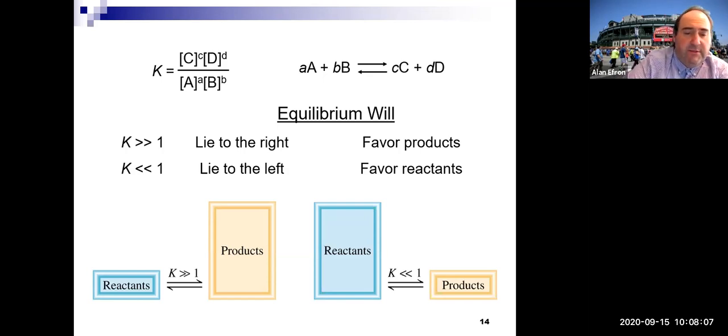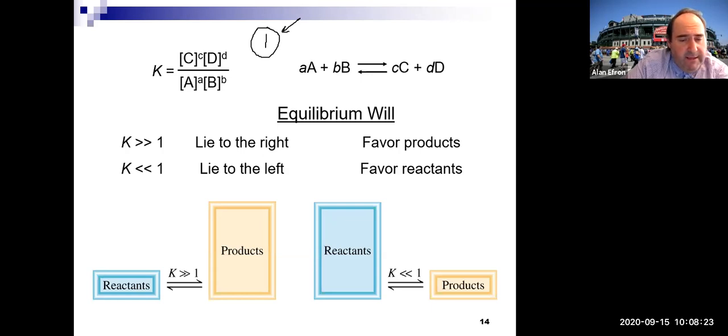So you may ask yourself, what is a large value versus a small value? A large value is bigger than 1. Anything above 1, as you can see here on this slide, is considered a large value for the equilibrium constant.